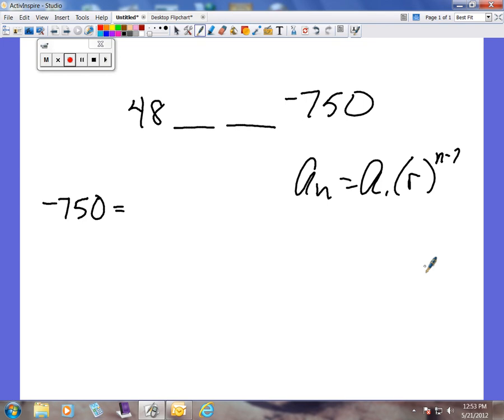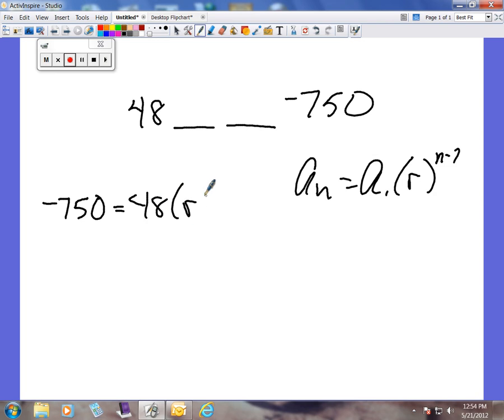And in this case, what is the number of that term? What would n be? 4. Aren't there 2 between here? 1, 2, 3, 4 terms. It's the 4th term, isn't it? It's the 4th one up there. So the first term, though, is 48, right? A sub 1 is 48.